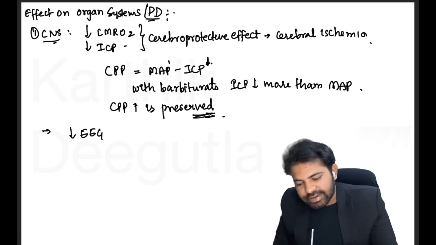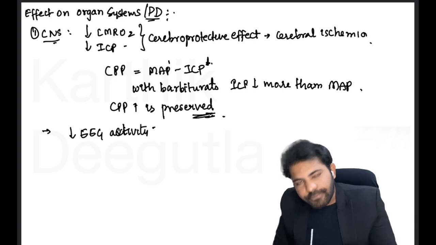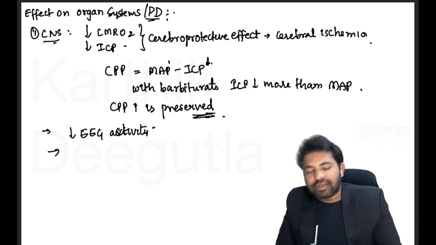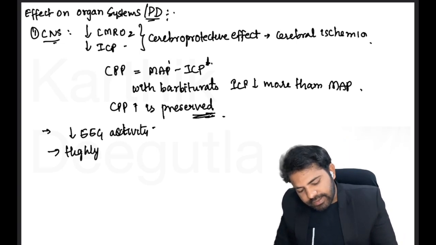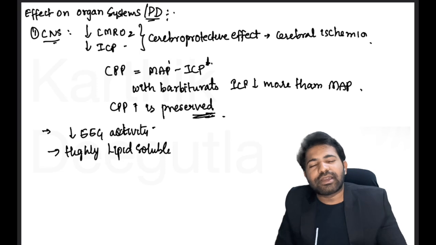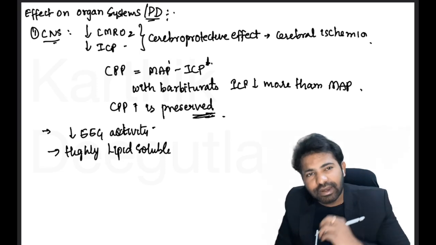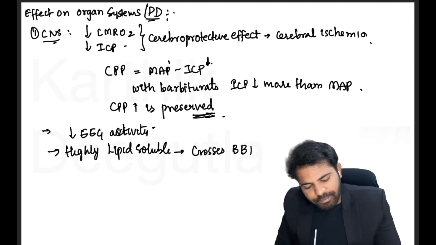There is a decreased EEG activity with thiopentone. Also, it is a highly lipid soluble compound. When it is highly lipid soluble, automatically it will cross the blood-brain barrier very rapidly.